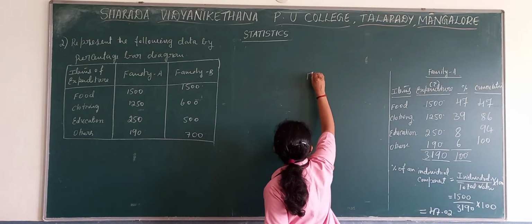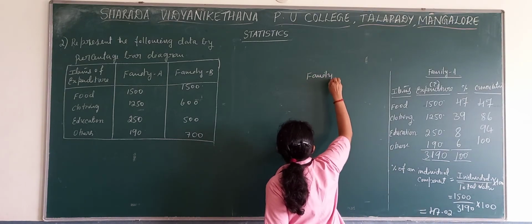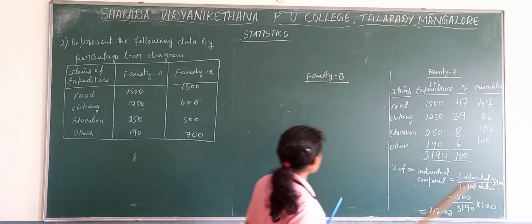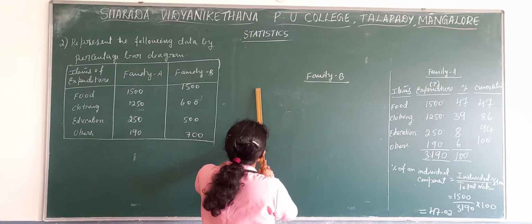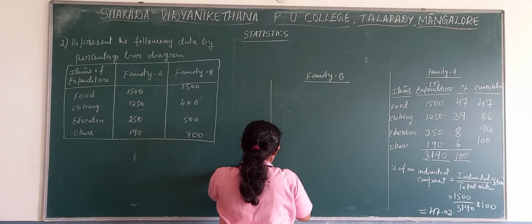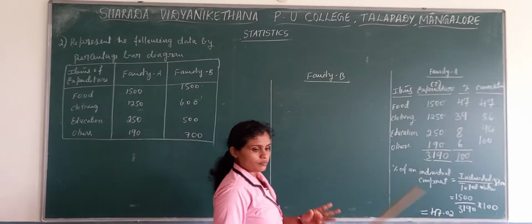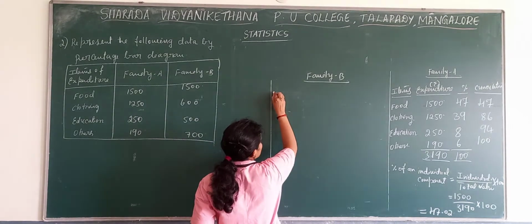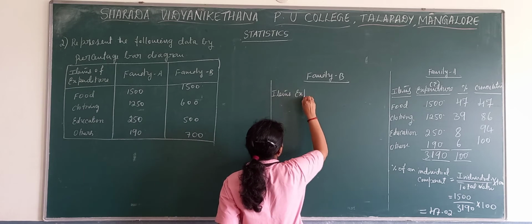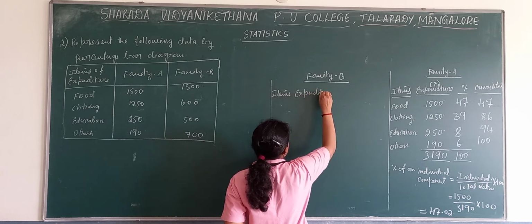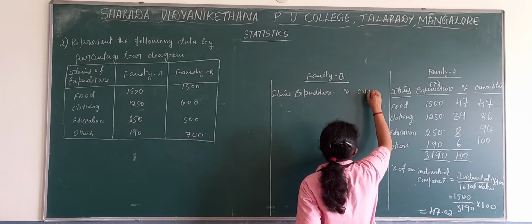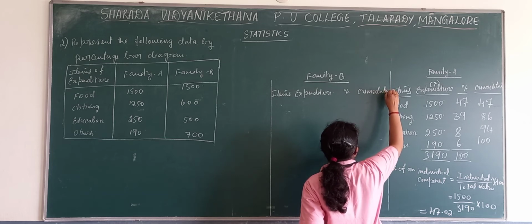Now here family B, as it is expenditure, there you write expenditure, items, then expenditure, percentage, then cumulative values.